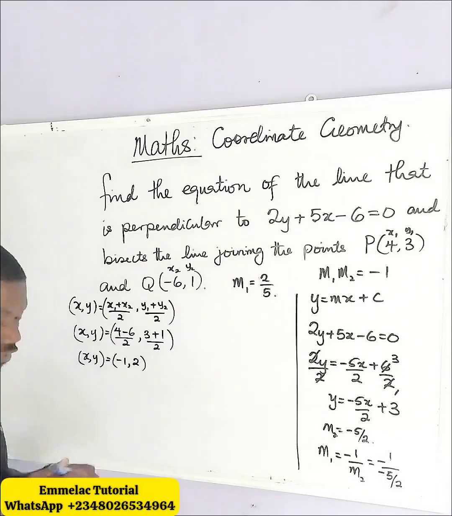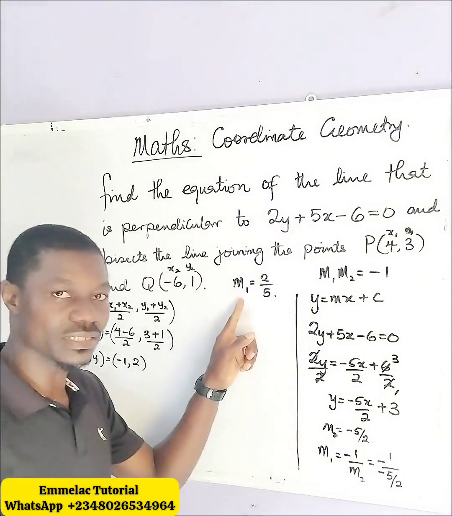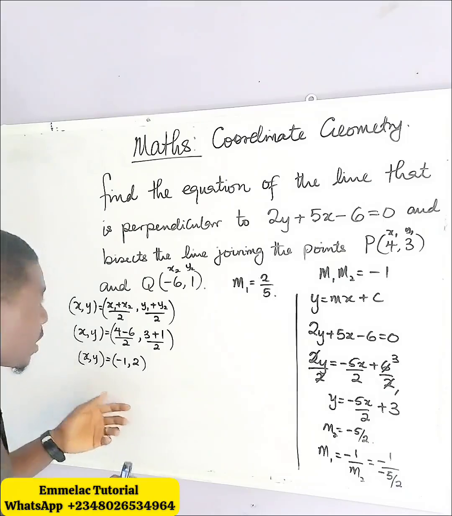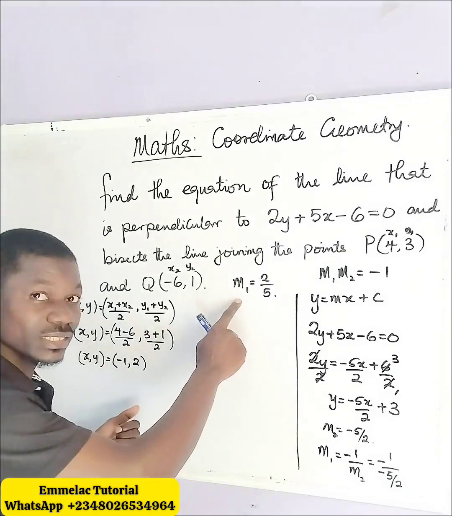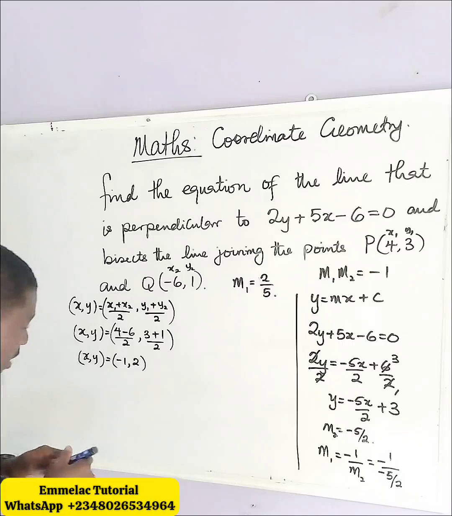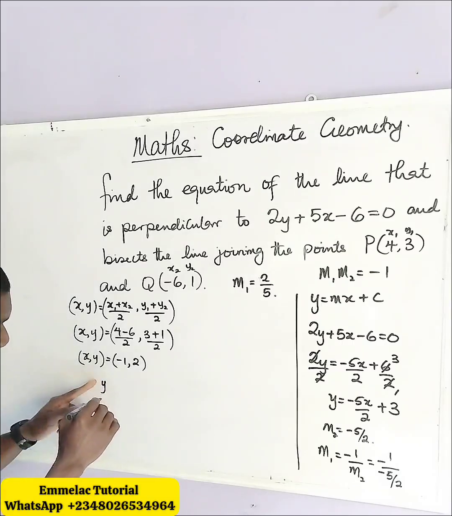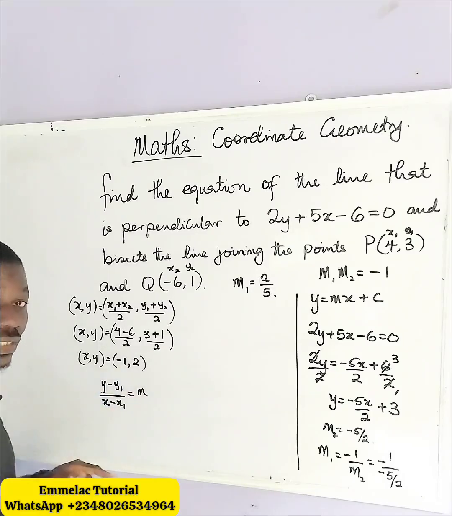Okay, so we've ascertained the coordinates and the gradient. So we will need to recall the formula for the gradient and the coordinates. The formula is y minus y1 all over x minus x1 equals the gradient.